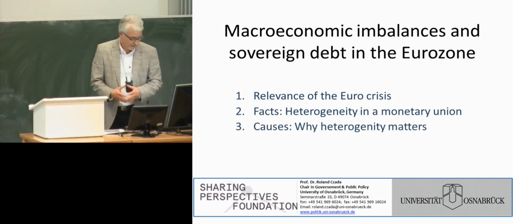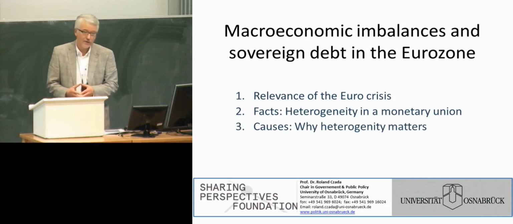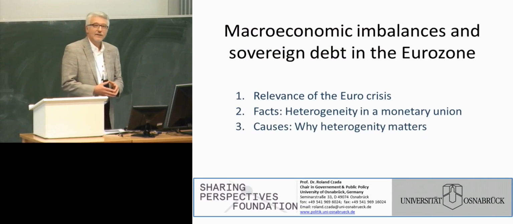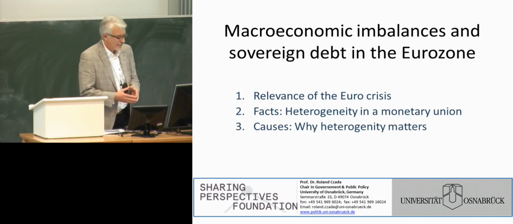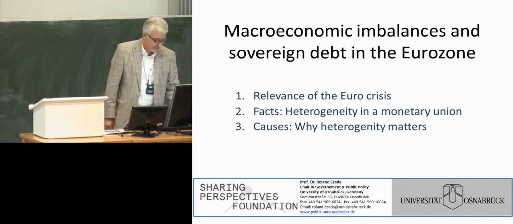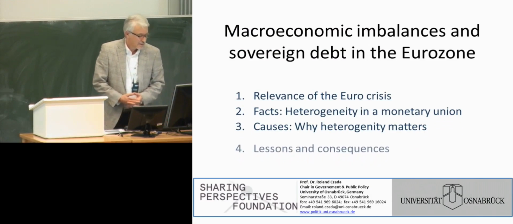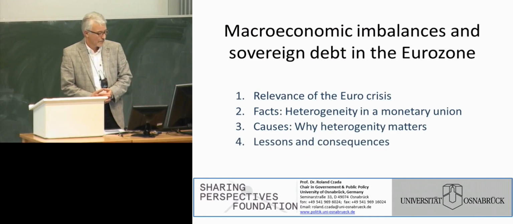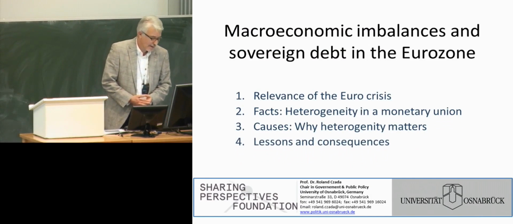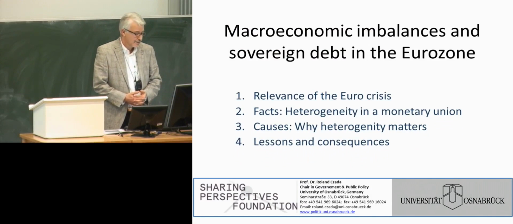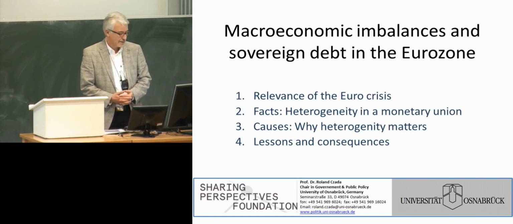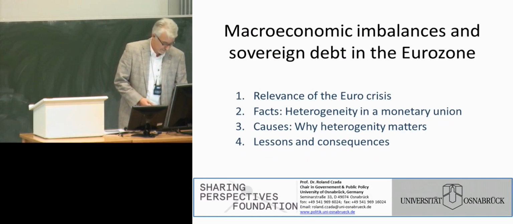Then I will talk about the causes. Where does heterogeneity come from, and why does it matter? What are the consequences? And point 4, we will end the lesson with drawing lessons and talk about future prospects.